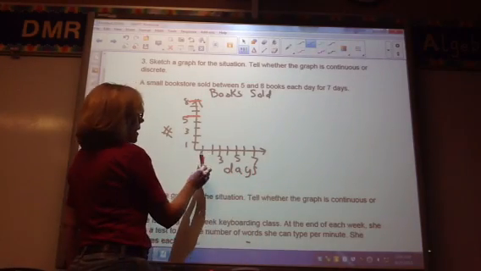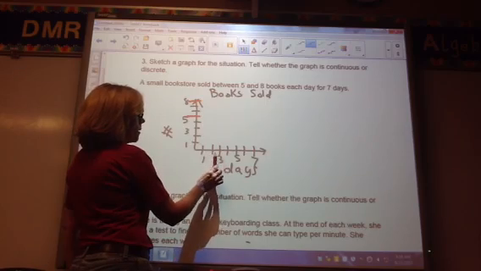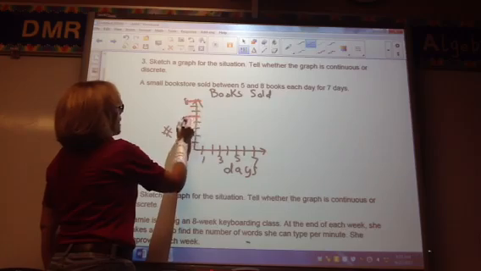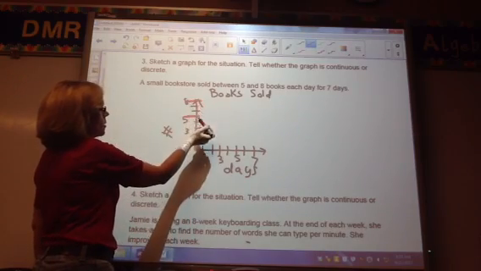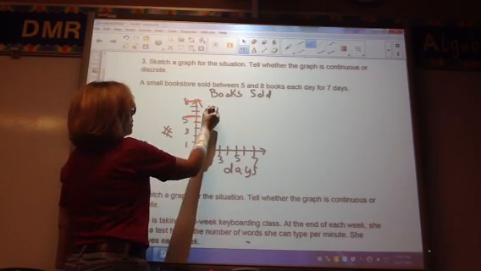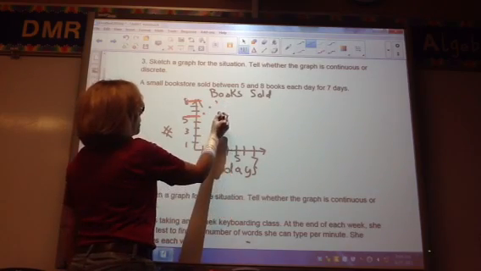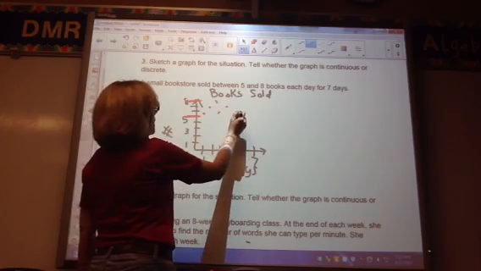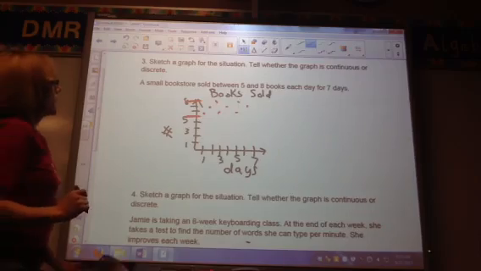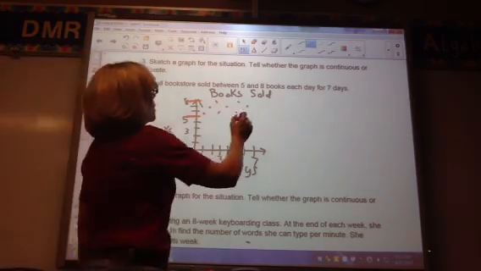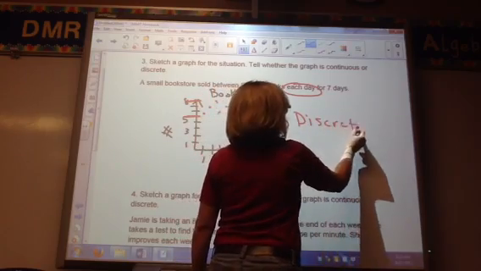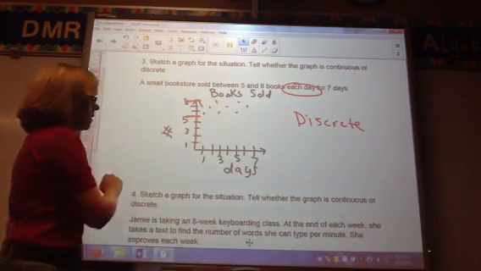Here's my 7 days. Each tick line represents one, but I only identified every other tick line to keep it clean. And I put some lines here because the range of books sold needs to be between 5 and 8. So day 1, day 2, day 3, day 4, 5. As long as it's in this range, then you're good. Now, is this discrete or continuous? Well, it says each day, so it is discrete. Cannot draw or connect the points.